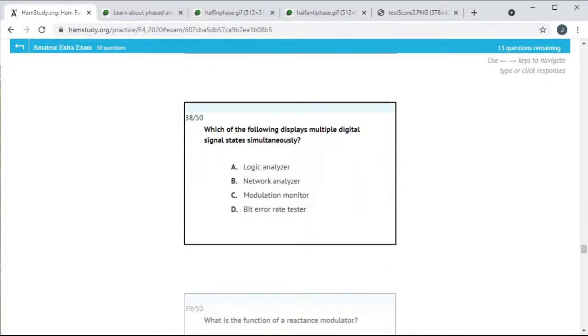Which of the following displays multiple digital signal states simultaneously? A, logic analyzer. B, network analyzer. C, modulation monitor. D, bit error rate tester.